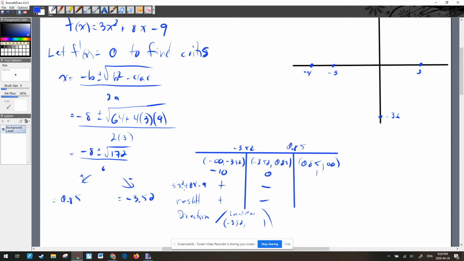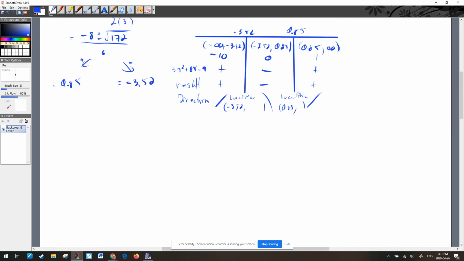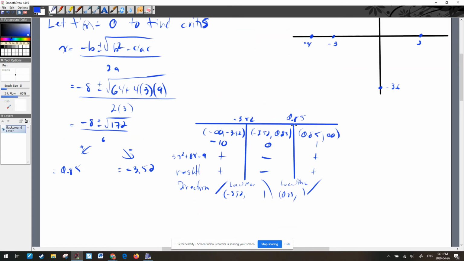That's going to be 3 plus 8 is 11, minus 9 is 2. So it is positive, not surprisingly, which is increasing. So clearly, this is going to be a local min. We're going to put that in 0.85, comma, whatever. I'm not even going to bother with that, but you would just take those values, put them in the original function, and get those things.